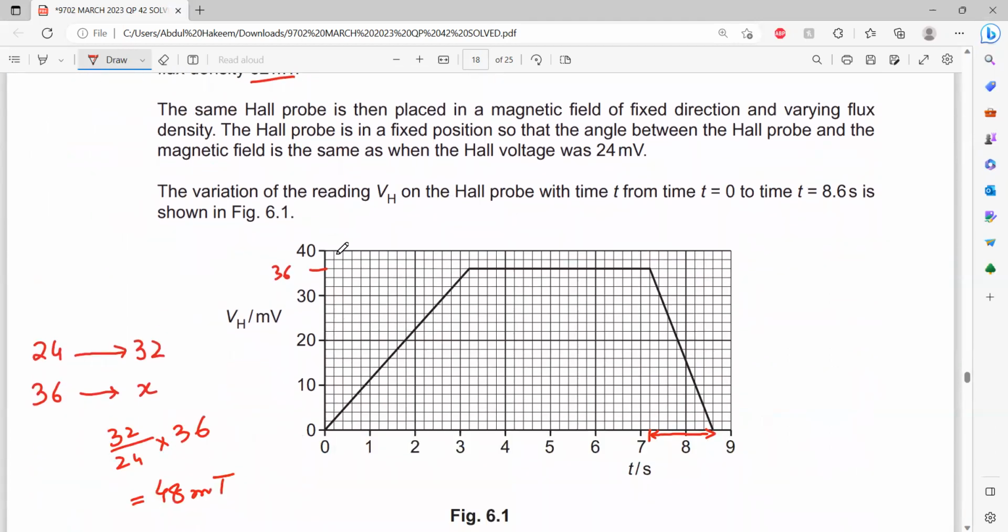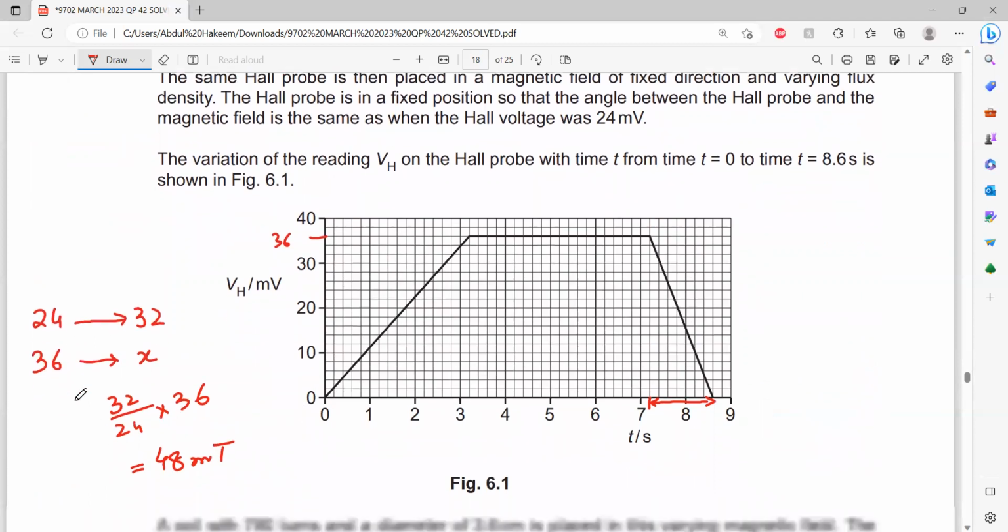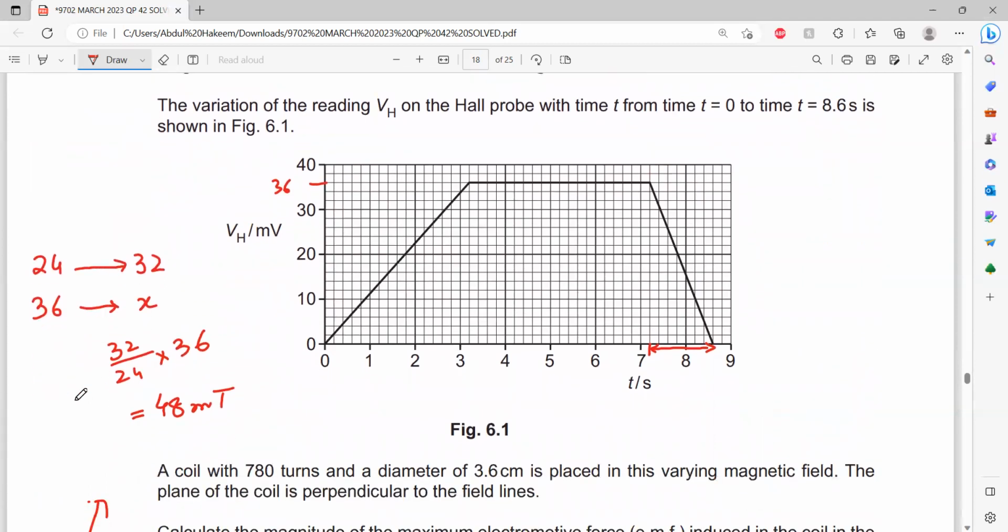But our Hall voltage is 36, so we will first calculate the strength of the magnetic field. For 24 it is 32; when the voltage is 36, it is unknown, so X becomes 48 millitesla. This means for a Hall voltage of 36, the magnetic field will be 48 millitesla, according to the unitary method.